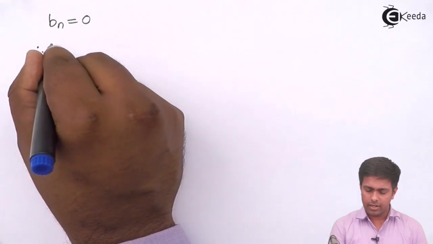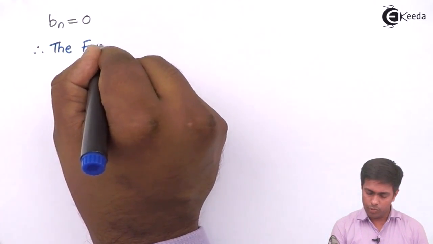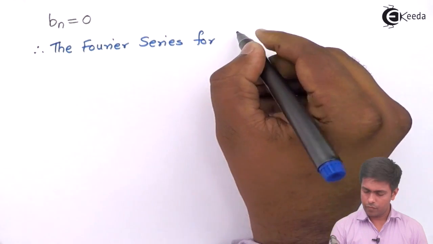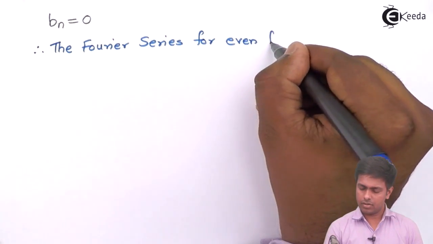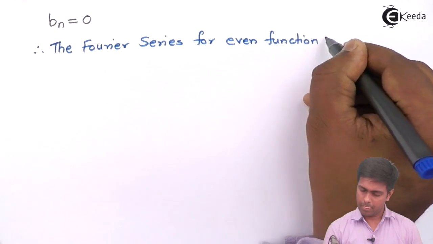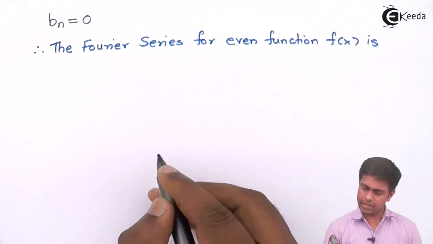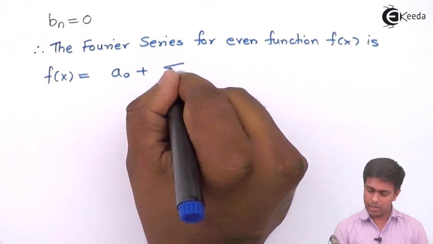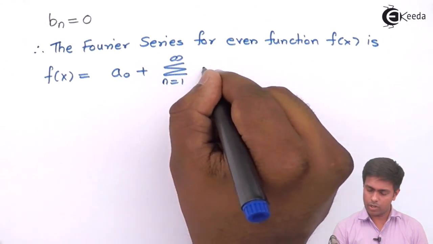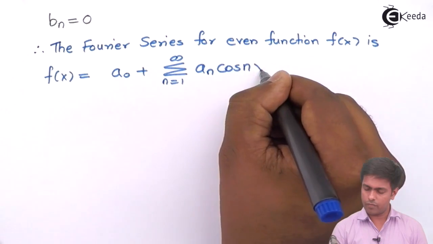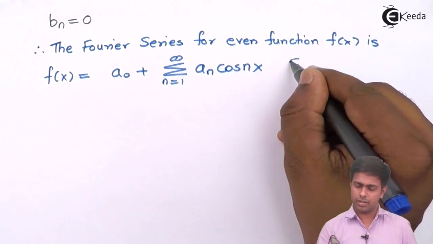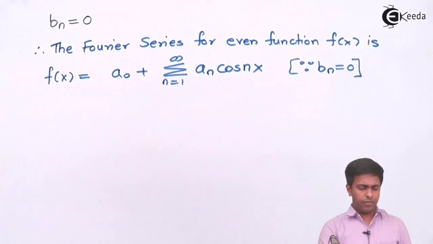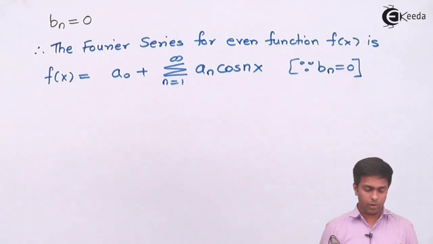Therefore the Fourier series for even function f of x is given by f of x equal to a naught plus summation n equals 1 to infinity an cos of nx, and there won't be any bn term, since bn is 0. Now let's put the values of a naught and an that we got.